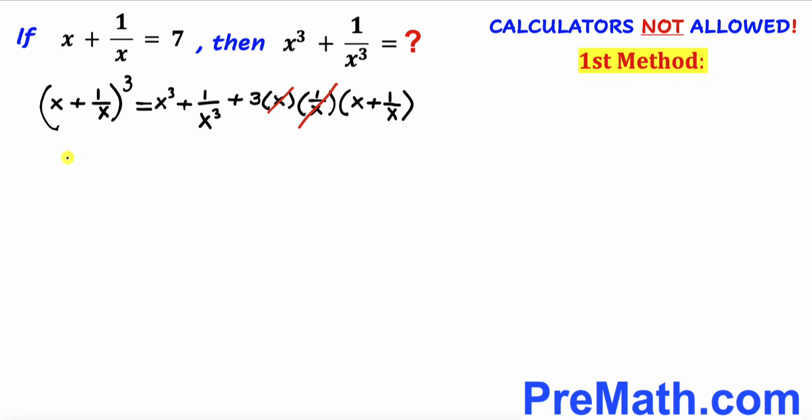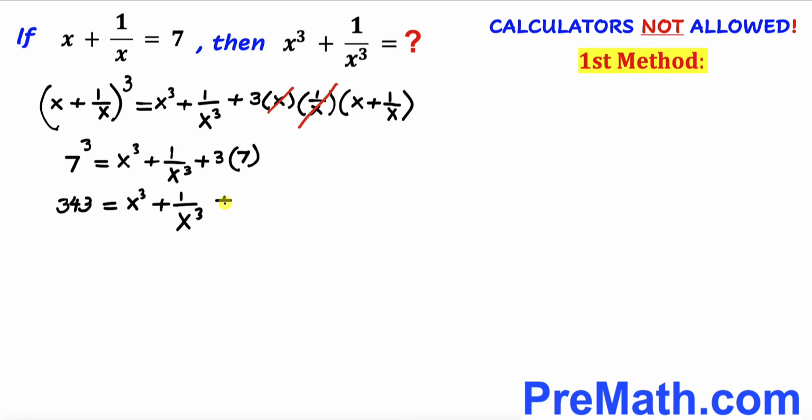So therefore, we end up with 7 power 3 equals x power 3 plus 1 divided by x power 3 plus 3 times this whole thing, whose value is 7. And now we know 7 power 3 is simply 343, equals x power 3 plus 1 divided by x power 3 plus 21. And now I'm going to move 21 to the other side.